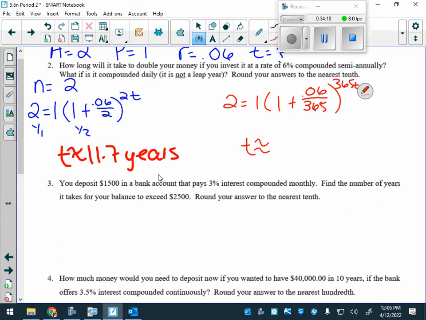So a lot of these you're going to see, just like in the first problem, even though the times per year changed, the amount didn't change that much. Okay, and that's true about anything. Unless you have something wrong with the formula, then you're going to see a big difference. All right? Any questions about those that we just did?